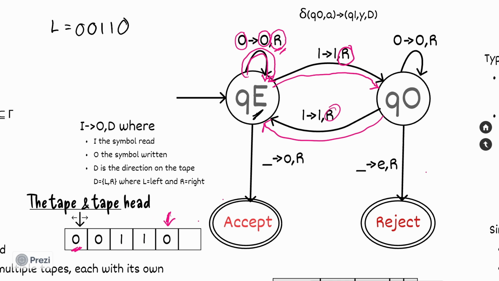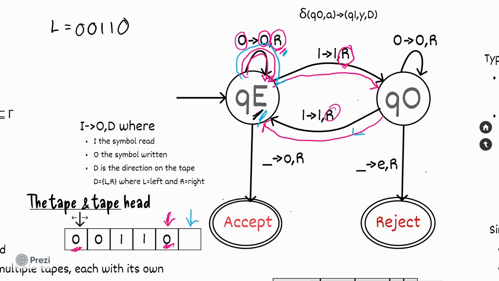Now on reading input 0, we shall take this transition, so that means we shall remain in the same state and move one step to the right.